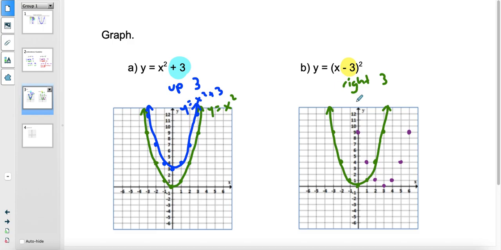And now I'm just going to connect these points with a curve here. And there's my equation. There's my graph of y is equal to (x minus 3) squared.